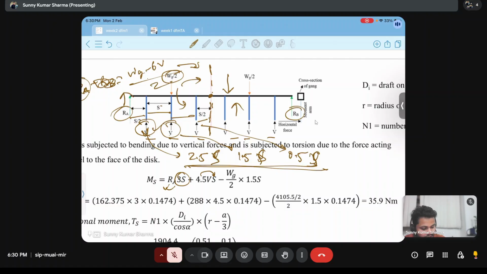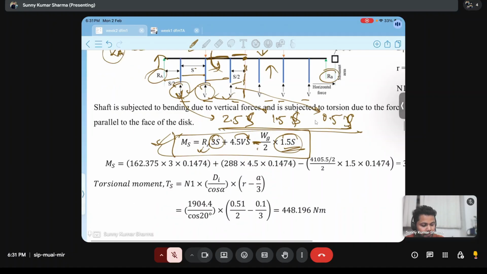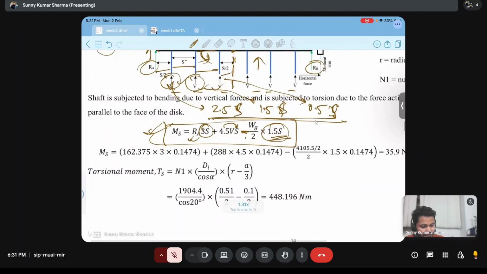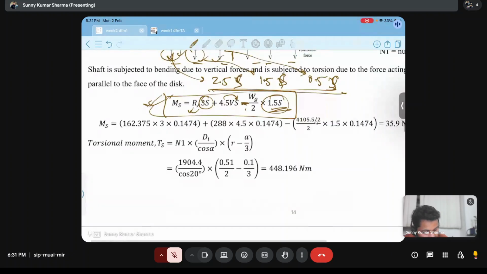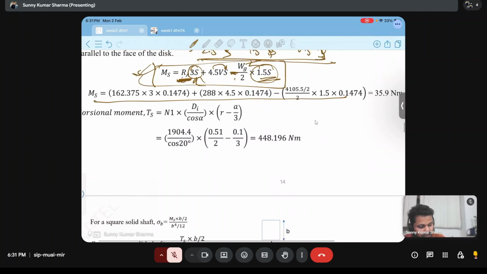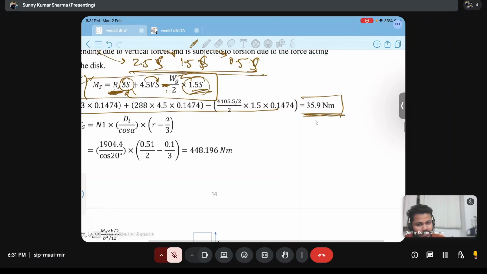So this we calculated, this 3S for RA in clockwise direction, and what is left here? WG. WG will be negative because it is in anti-clockwise direction, so one minus sign is here for WG, and it is acting at a distance of S and S by 2, that is 1.5S. So this is the bending moment which is trying to bend this shaft. RA and WG we already know, so if these are all known values, MS we can get from there. So MS will be 35.9 Newton meter.